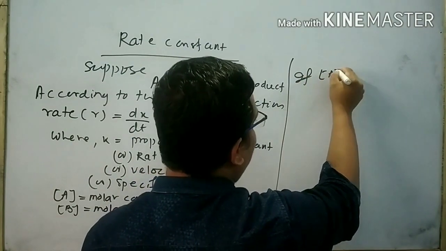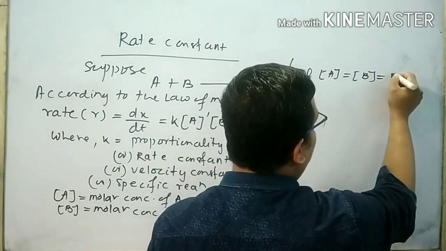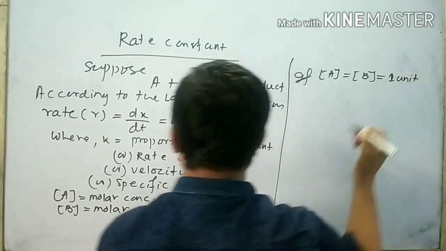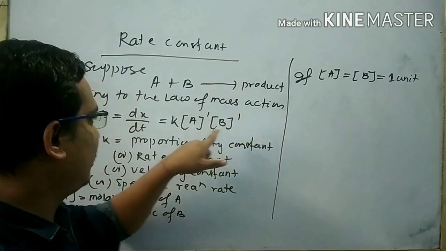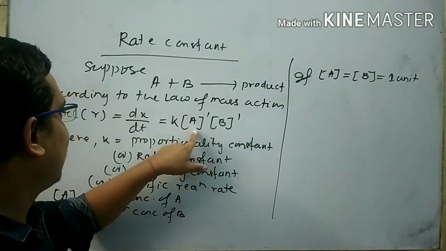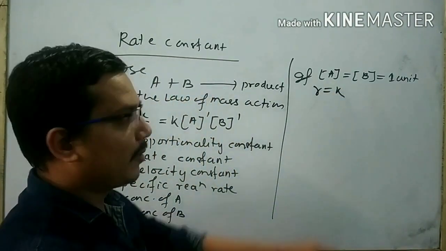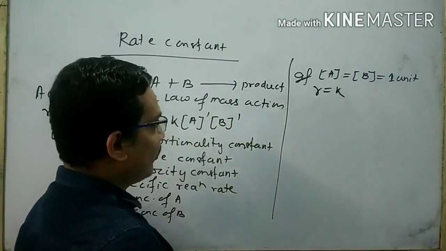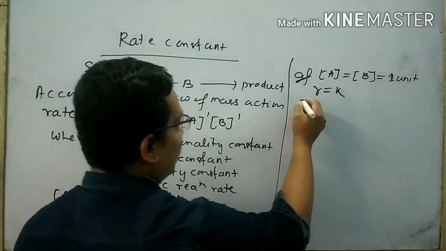If concentration of A is equal to concentration of B equal to 1 unit, then what will happen? Put the value of concentration A and concentration B in this relation, then we find R is equal to K. From this, we can define the rate constant.